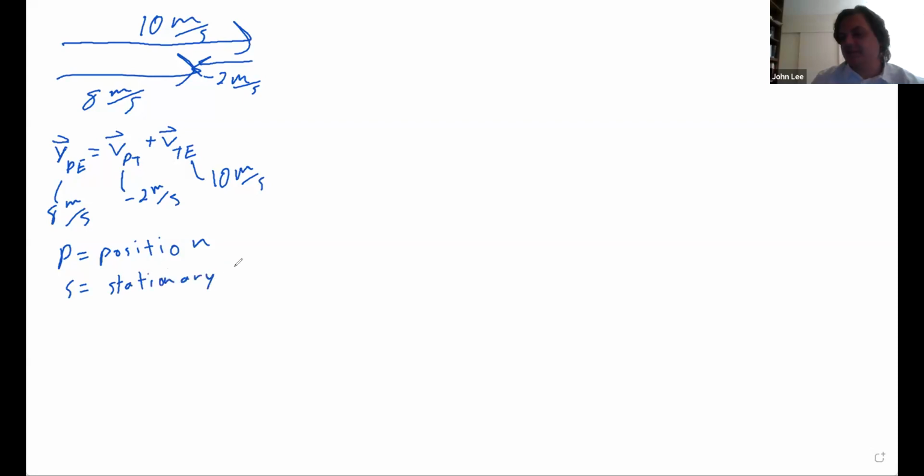So the position of the Earth, say, or whatever, not stationary, because everything's moving with regards to each other. S equals the reference frame that we're curious about.